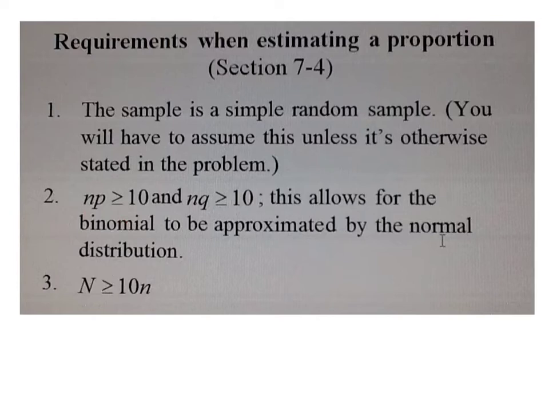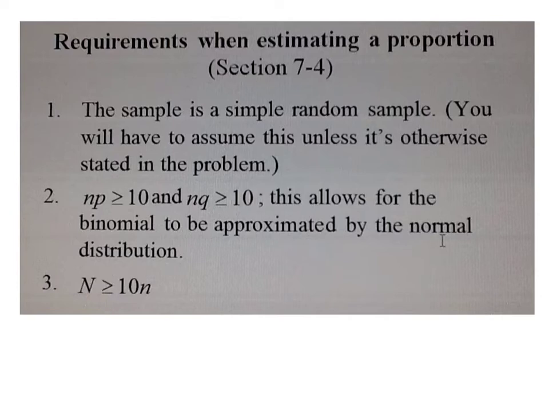The last requirement is that the population size has to be significantly greater than the sample size. So the population size must be bigger than or equal to 10 times the sample size. This usually works out in our problems just because our population sizes are so large.